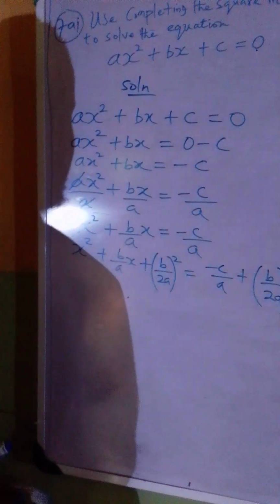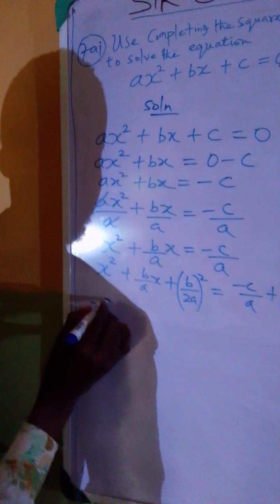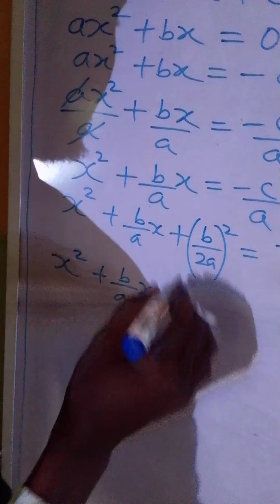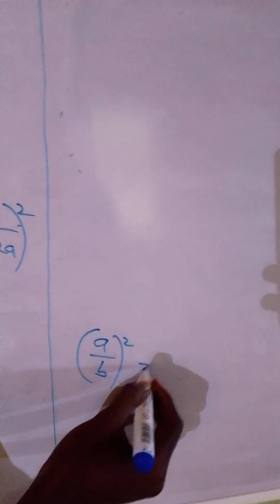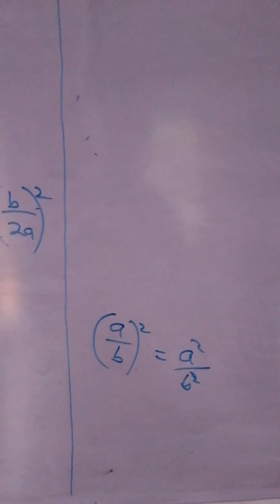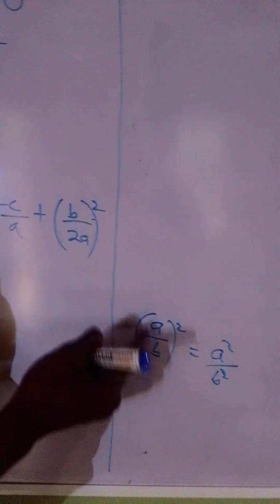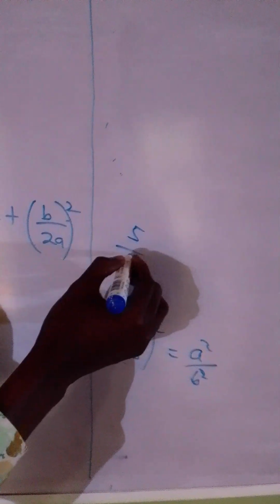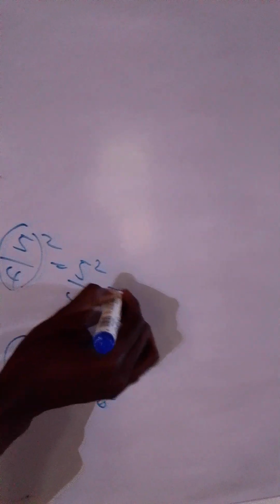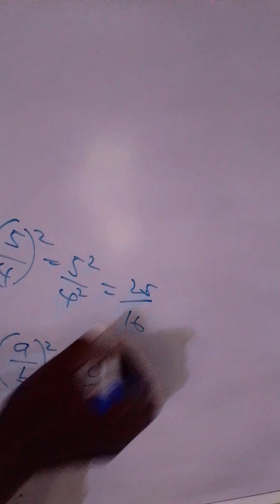Okay, so I'll now have x squared plus b over a x plus, open the bracket. When you have something like a over b squared, it means a squared over b squared. So if these letters are numbers, 5 over 4 squared means 5 squared over 4 squared, which is 25 over 16.